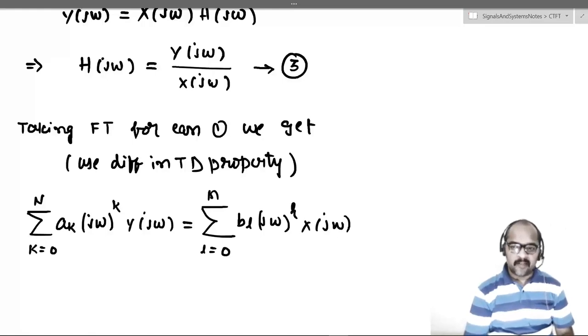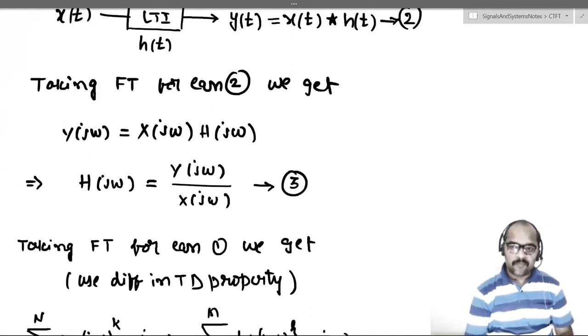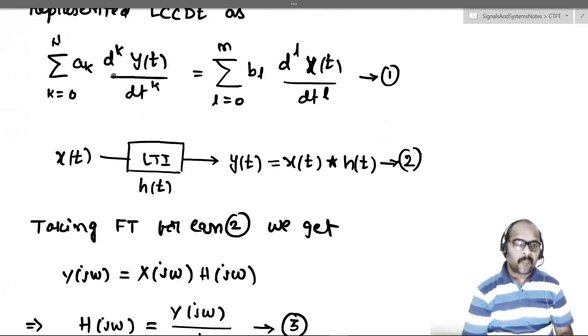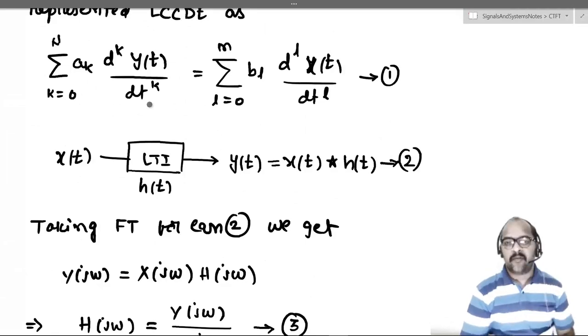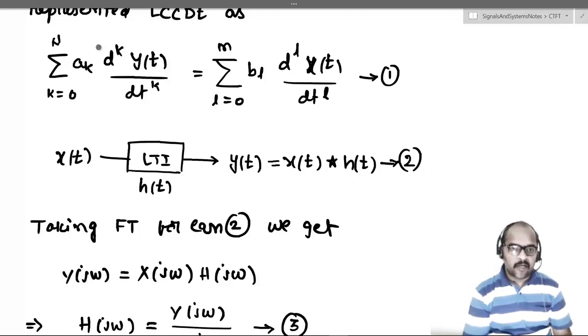Let us see why this is correct. Equation 1 is summation k equal to 0 to n a_k d^k y(t)/dt^k equal to this whole term. Using the differentiation in time domain property, d^k y(t)/dt^k gives (j omega)^k Y(j omega) after taking the Fourier transform.